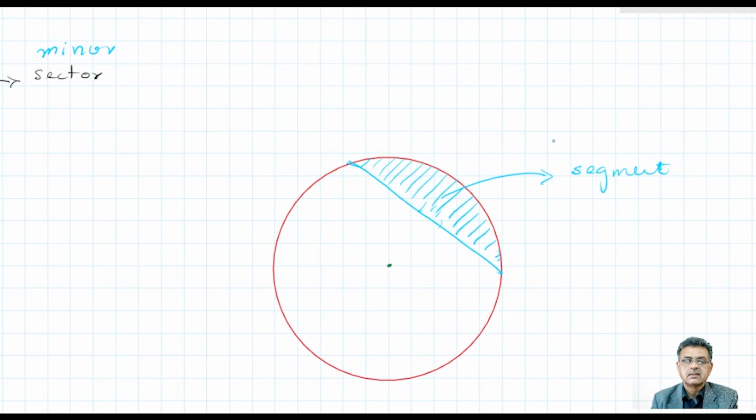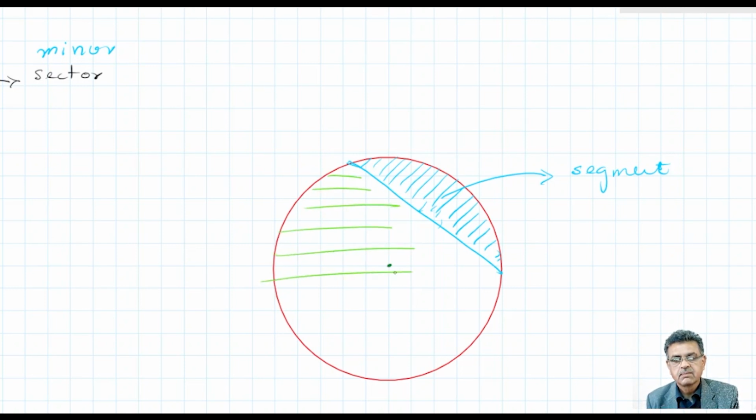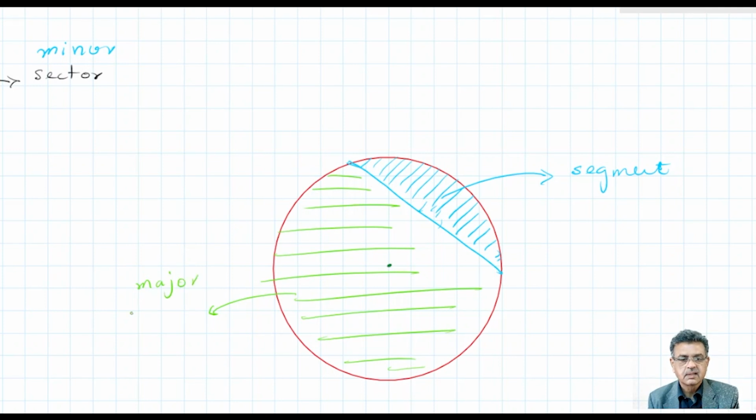This is a segment. Once again, there is another segment, this one. So we can say that this is the major segment, and this is the minor segment.